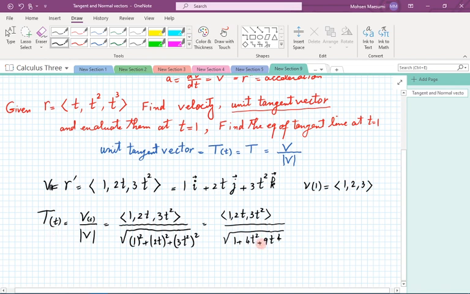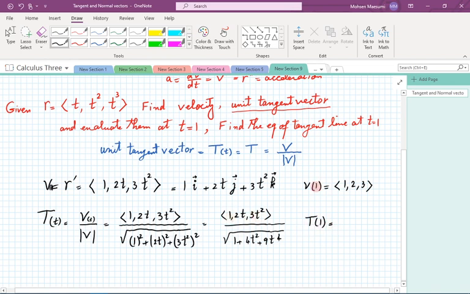How do we get around handling this kind of expression? In the long term, we have to take this thing and differentiate it again, and some of the formulas you are going to see later on simplify this task. But right now our job is not hard, because all we are asked is the unit tangent vector at time equal to 1.